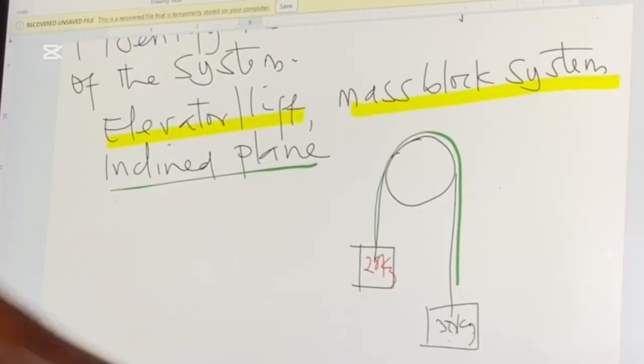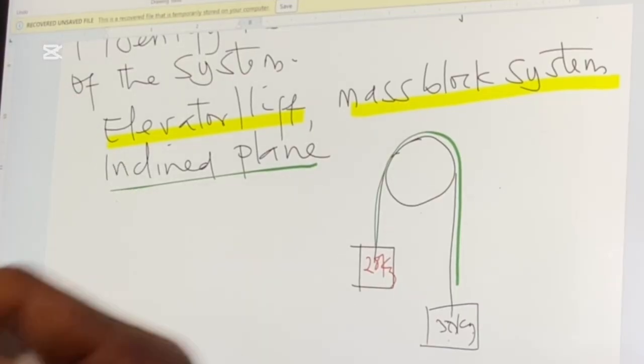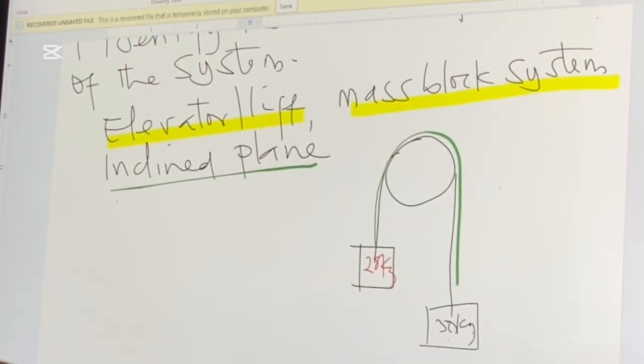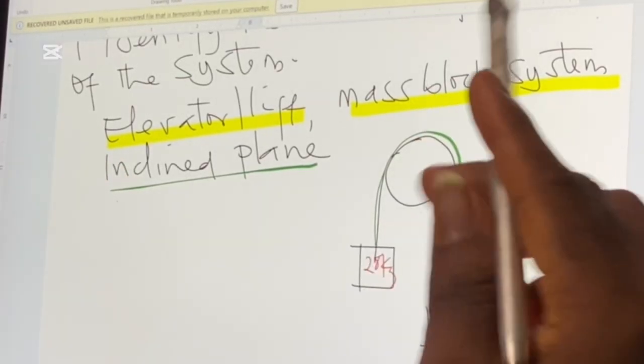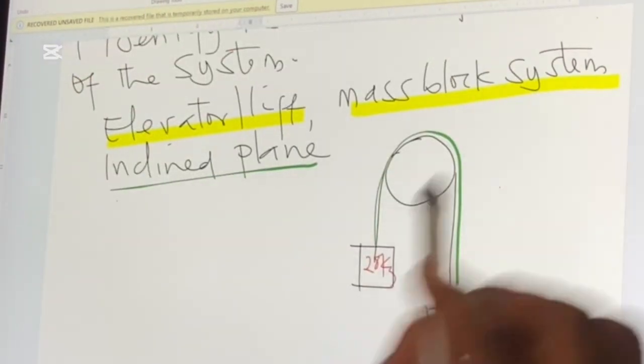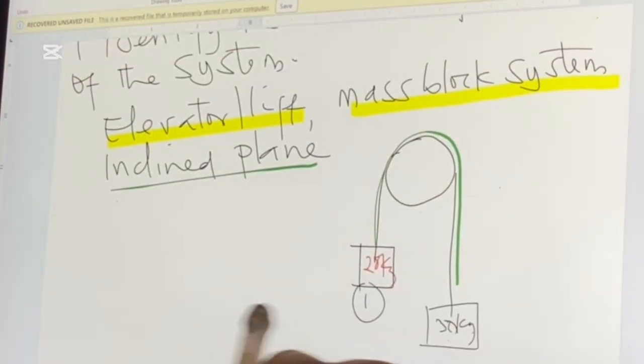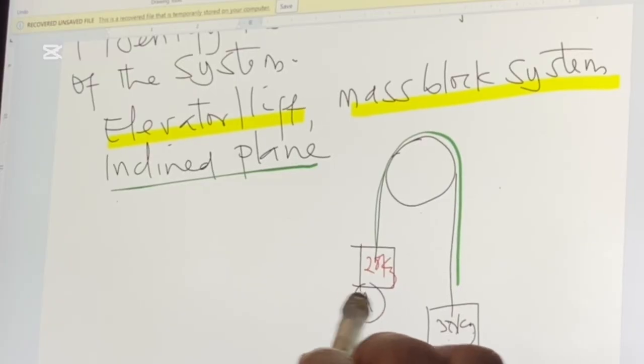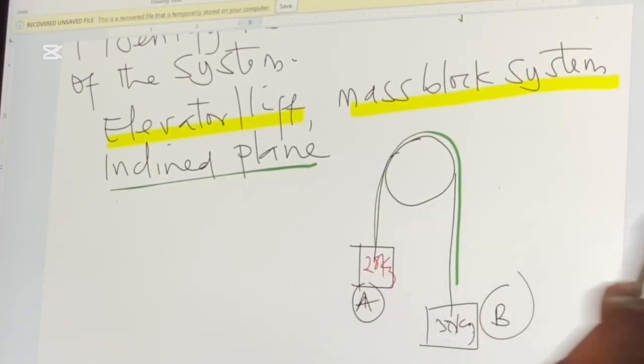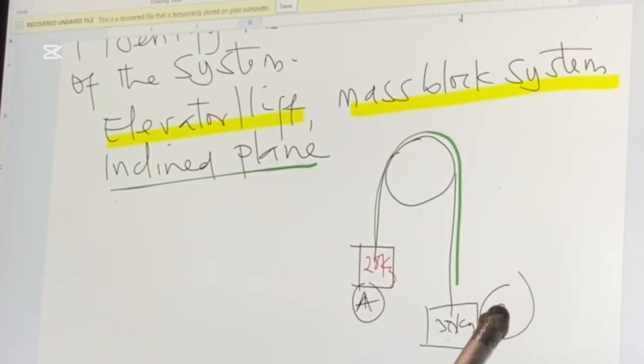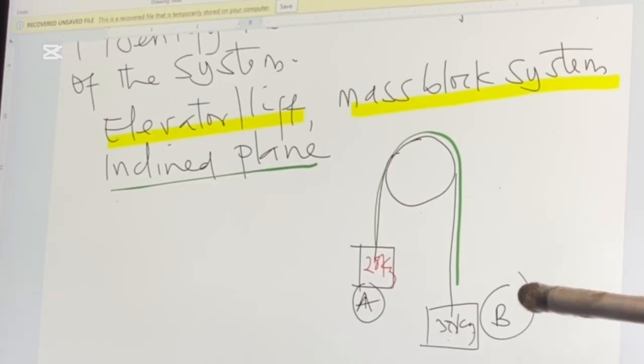Okay, let me repeat myself. To identify the direction of the force when the system has two masses, we always identify the direction of the force with the greater mass. Please take note. Now, if this is mass A and this is mass B, which of them has the greater mass?